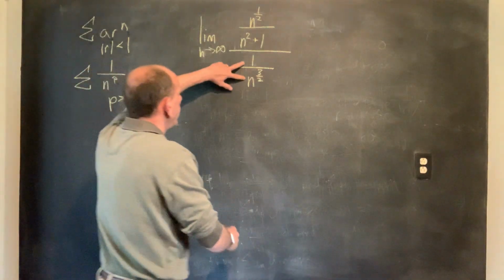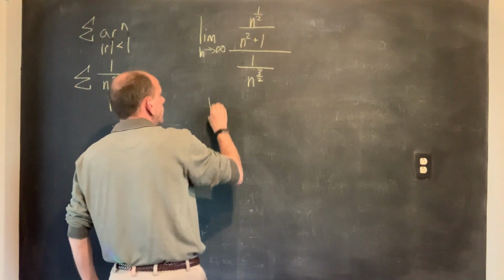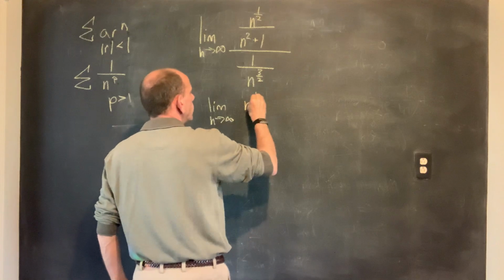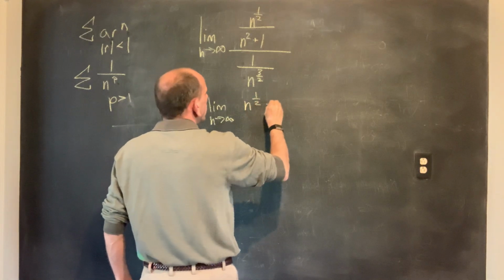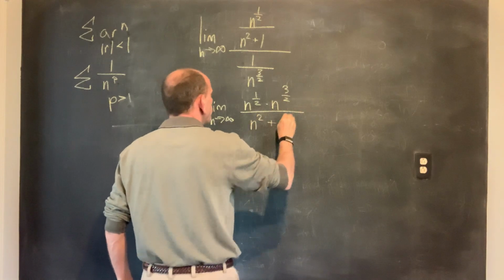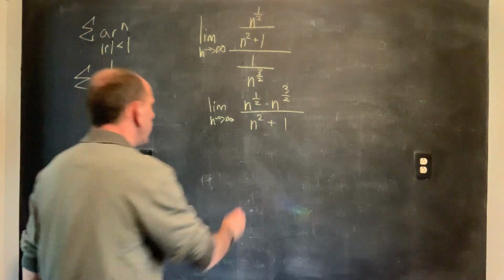All right, dividing by a fraction is the same as multiplying by the reciprocal, so I have the limit as n goes to infinity of n to the 1/2 times n to the 3/2 over n squared plus 1. Well, that's n to the 4/2, which is n squared.